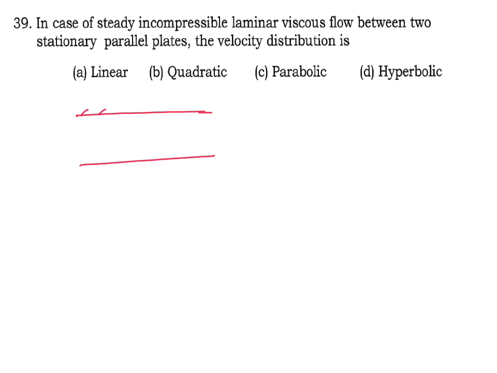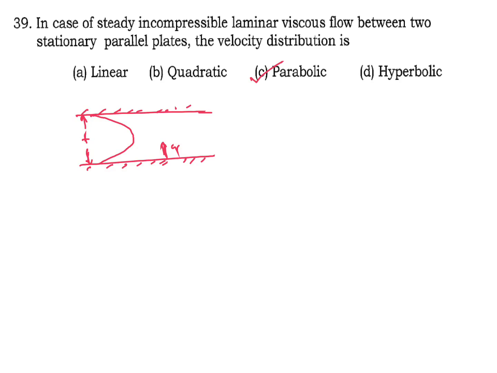The velocity distribution, the shape of the velocity distribution is like this. See, T is the gap between the plates, and direction is Y. Velocity distribution is parabolic.